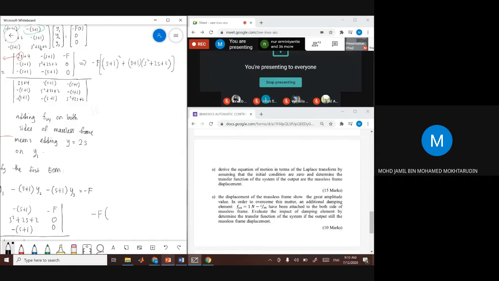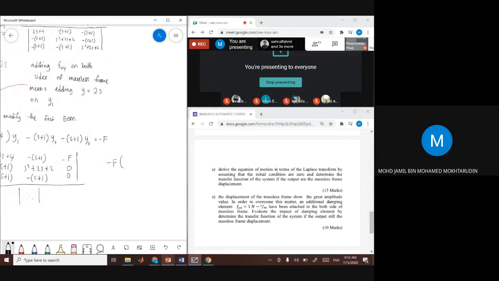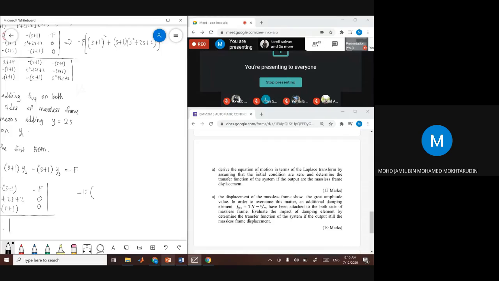Okay, so when you simplify the transfer function, if you look at the top, the numerator, there's no change in terms of the numerator.